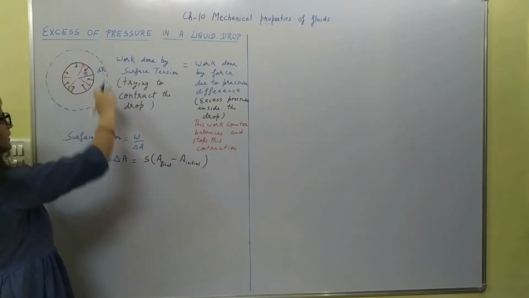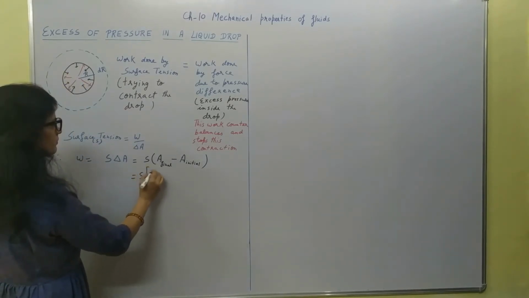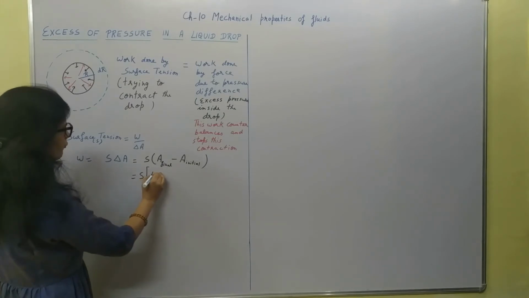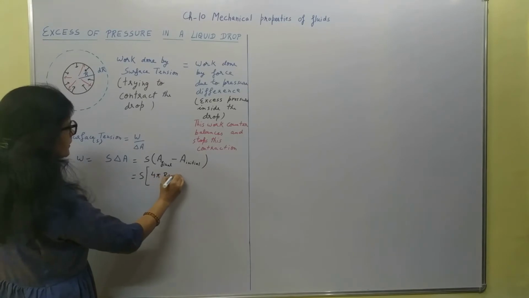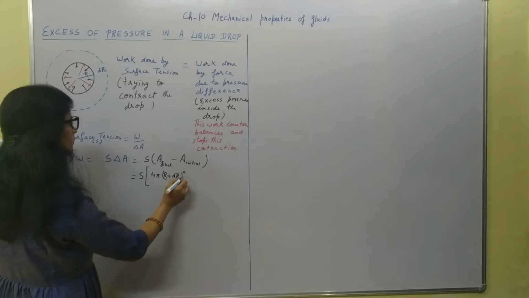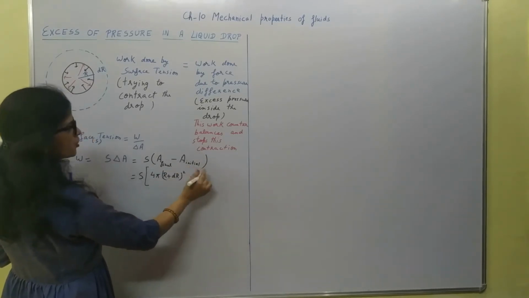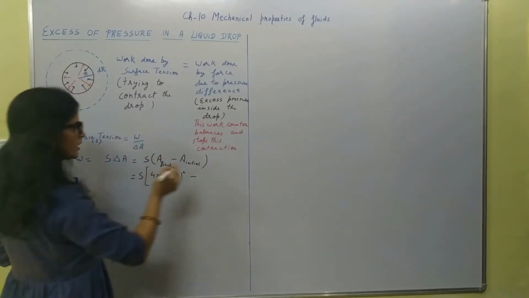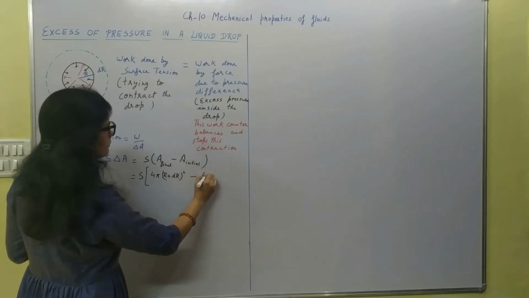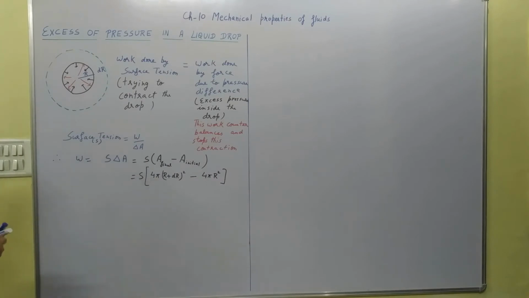What will be the final area of this drop? This will be 4 pi (r plus dr) whole square, minus the initial area, which will be 4 pi r square, because 4 pi r square is the area of the sphere. So we can solve it.